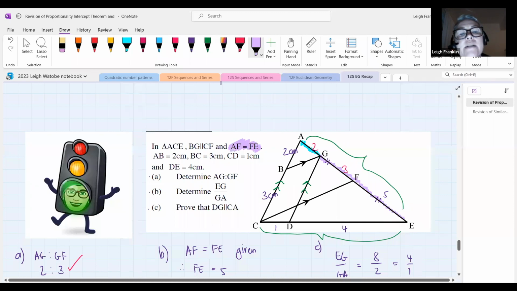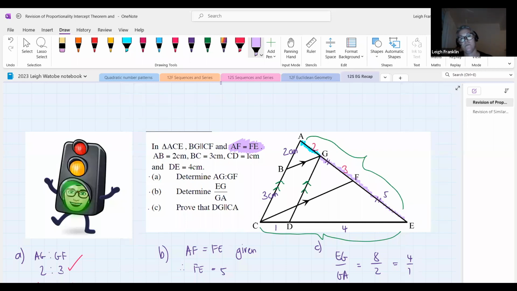I'm just highlighting it in purple at the moment. So that's where it comes from. Once I knew that the ratio of AG to GF was 2:3, I knew that the proportion of AF would be 5, and then FE would also be 5. Does that make sense? Yes, ma'am. Okay, no problem.